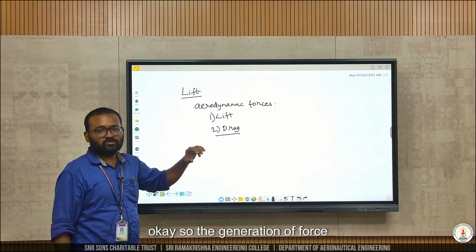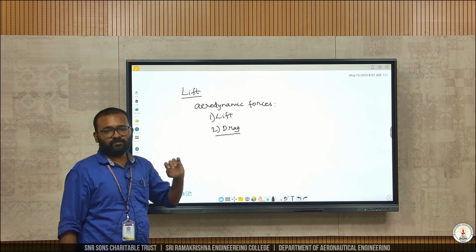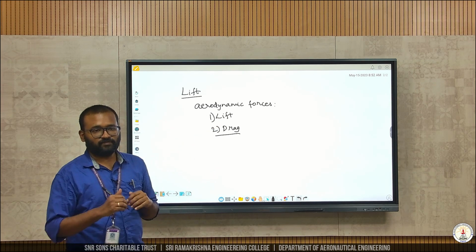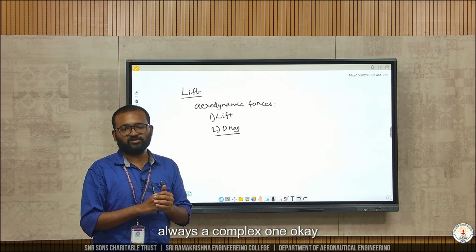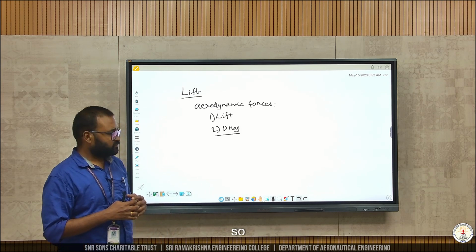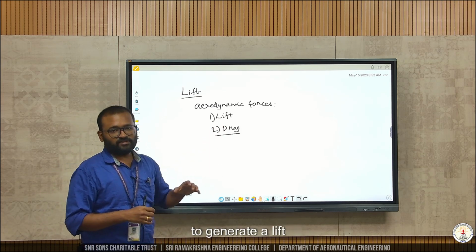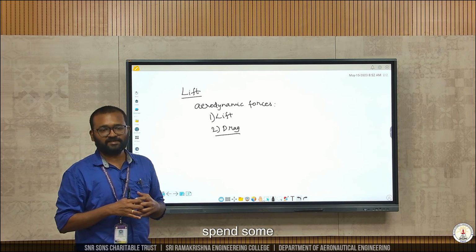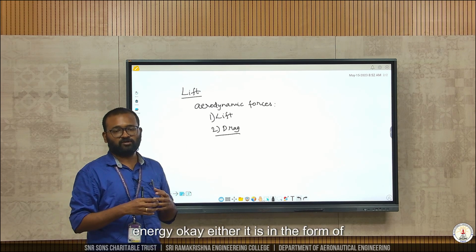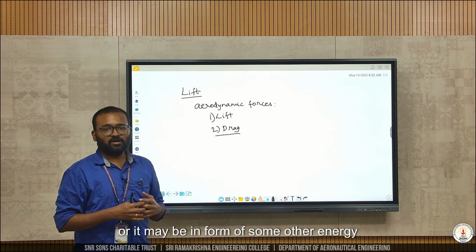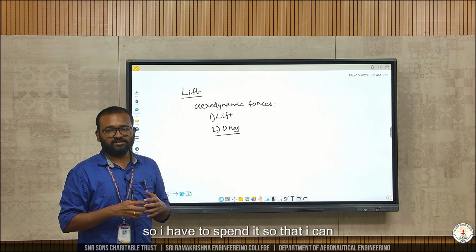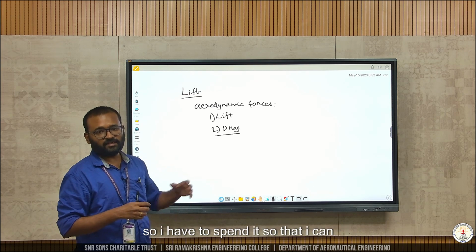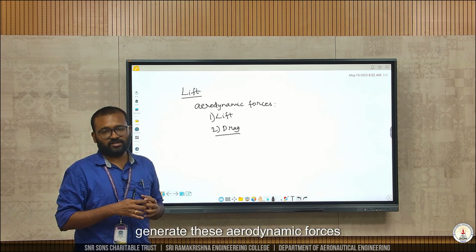The generation of force is always a complex one. To generate a lift or generate aerodynamic force, I have to spend some energy, either in the form of motion or some other energy, so that I can generate these aerodynamic forces.